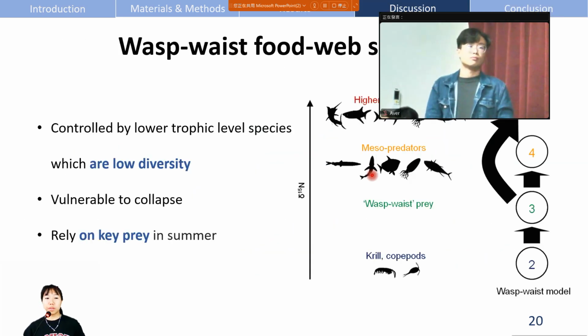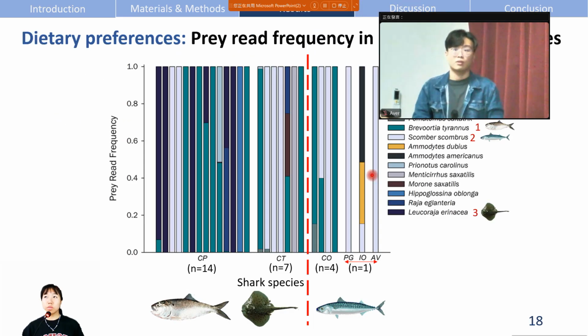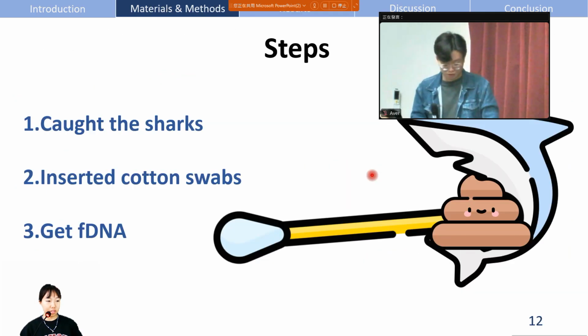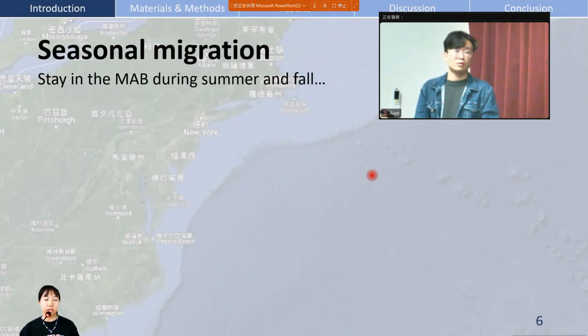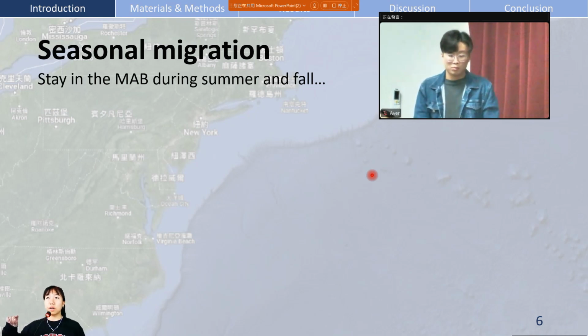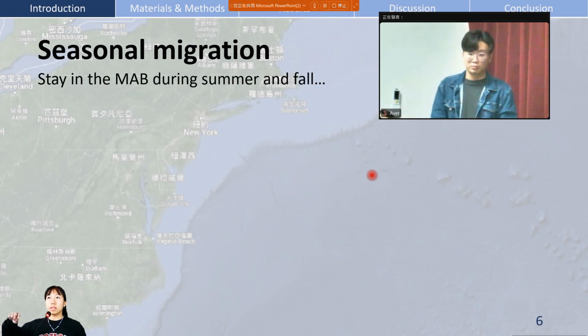He asked whether they only migrate in summer. The answer is no, because in this figure we can see that they will migrate from the winter, and they will move from the spring. So in spring and summer they will be near the MAB, and they will stay here in summer and fall.